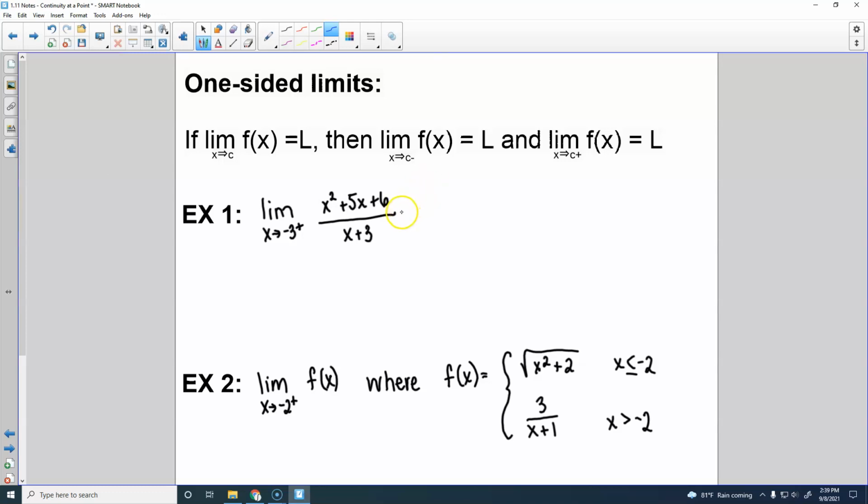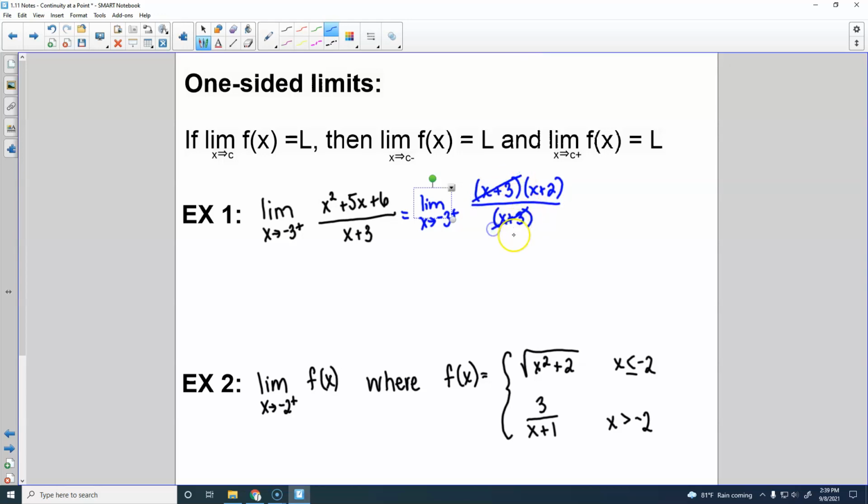So in this particular case, if I plug in negative 3, I believe I'm going to get 0 over 0. I know it is in the bottom. I'm pretty sure it is in the top as well. I have 9 minus 15... yeah, we get 0 over 0. So we could do the limit as x approaches -3 from the right, and we could factor the top, x plus 3, x plus 2, over x plus 3.